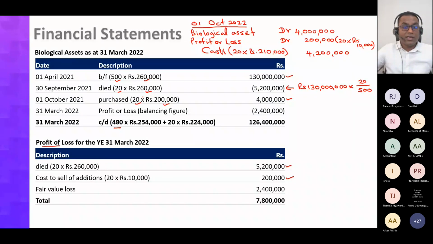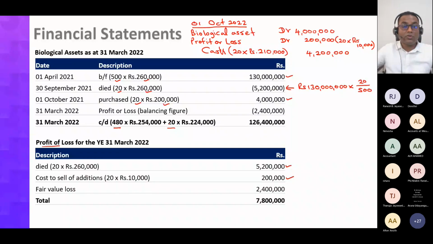Then you purchased 1 year old 20 cows on 1st October 2021. Actually, these 20 cows are there at the year end and they are 1.5 years old now. What you do is you have to calculate the fair value of 480 cows who are 4 years old and 20 cows who are 1.5 years old.